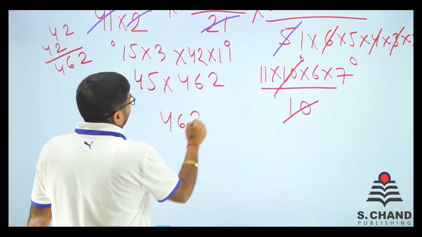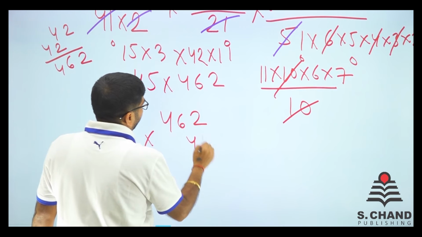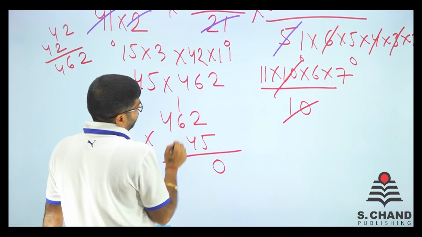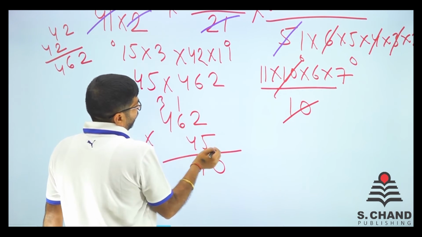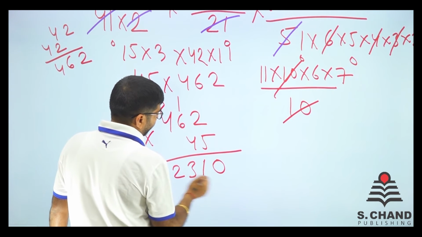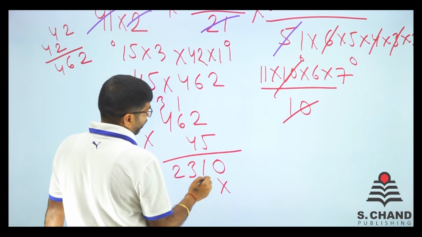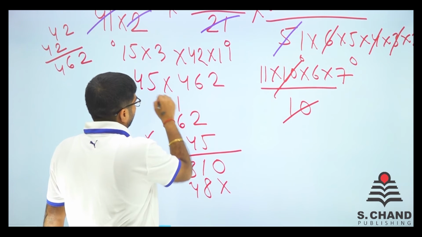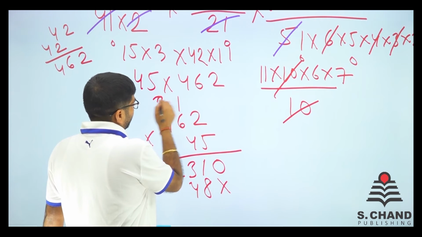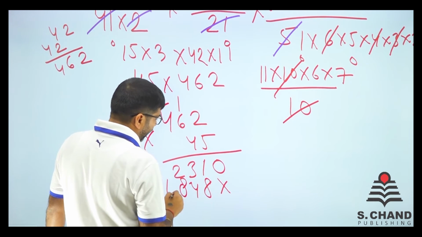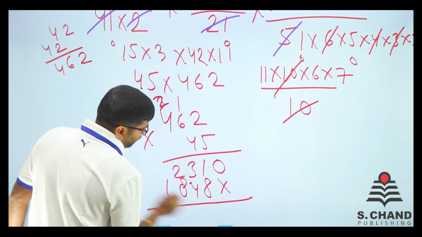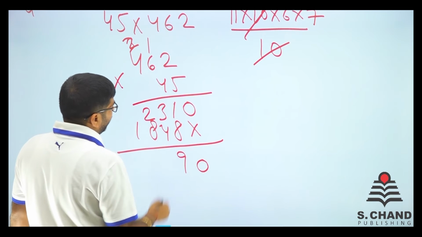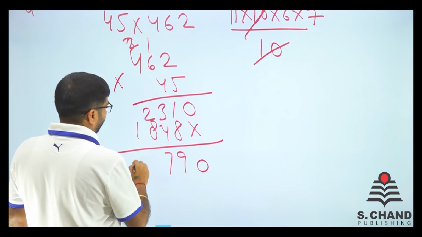So we have 462, we have 45. So 5 into 2, 10, 1, 5 into 6, 30, 1, 3, 5 into 4, 23. There goes 0. 4 into 2, 8, 4 into 6, 24, 2, 4 into 4, 16, 17, 18. So we have 18 here. So final answer is, we got 0 here, we got 9 here, we got 7 here, we got 20 here.